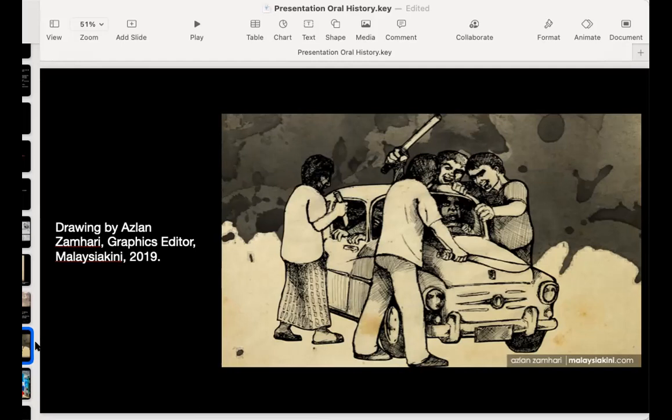So in case you haven't seen the website, the nice thing about the archive is that it captures all the stories in multiple languages, right? So there's bound to be a language that you will not understand. For me, it's Tamil.